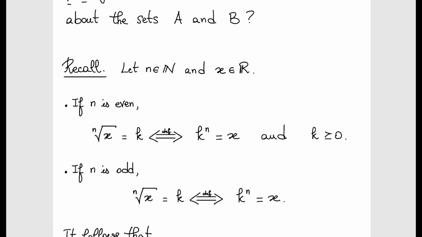The nth root of x. If you call this k, by definition, this means that k to power n should be x, and k should be non-negative. For example, when we talked about the square root of, I don't know, 4, right? So square root of 4, let's say here.